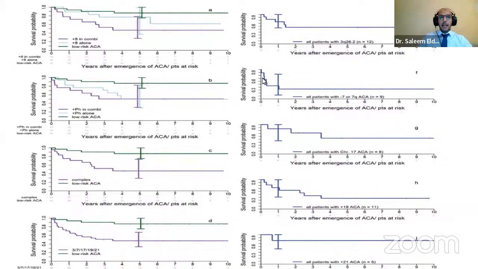And these include trisomy 8, especially if in combination with other genetic abnormalities, double Philadelphia, complex karyotype, chromosome 3, chromosome 7, isochromosome 17, trisomy 19, and trisomy 22; they have inferior overall survival.